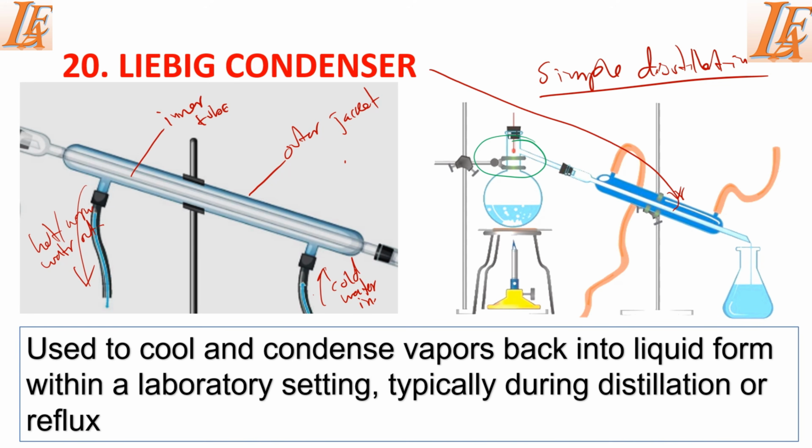Now this Liebig condenser will cool the vapor which is generated when the flask with these constituents is heated. Now when vapor is formed, it travels through the Liebig condenser, it gets cooled into liquid state, and we will collect it here as a distillate. So these are very important instruments in distillation.